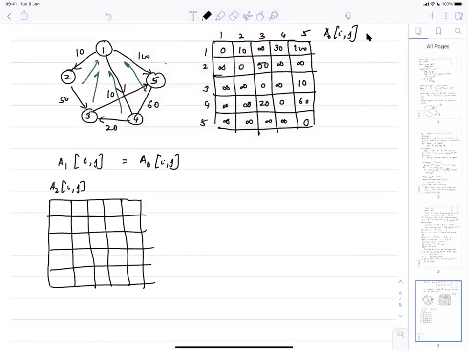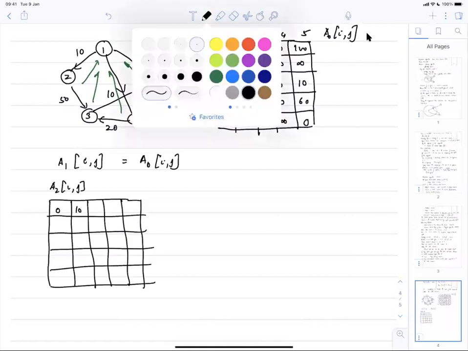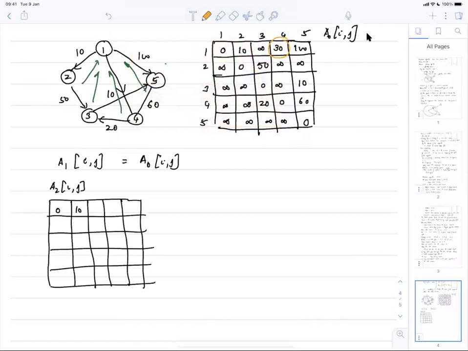So I have 0, 10, going via 2, right? Now there was no path from 1 to 3, but now I can go from 1 to 3 via 2.